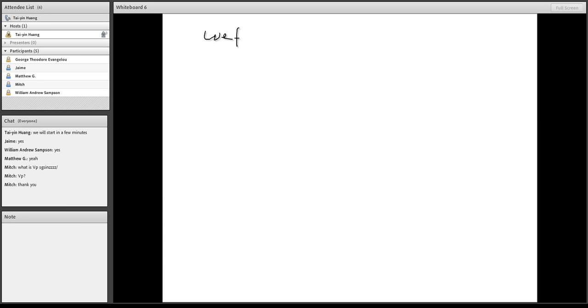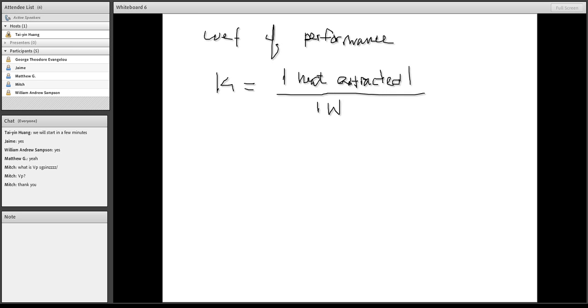So the coefficient of performance of a refrigerator, and that is your K, is defined as the heat extracted from the low temperature reservoir over the amount of work that has to be done in order to extract the heat. Okay, so I think that's basically it.